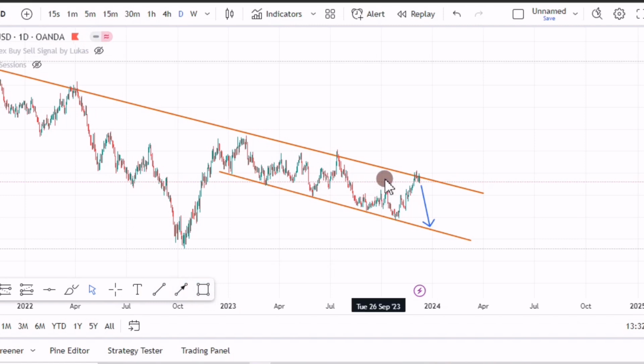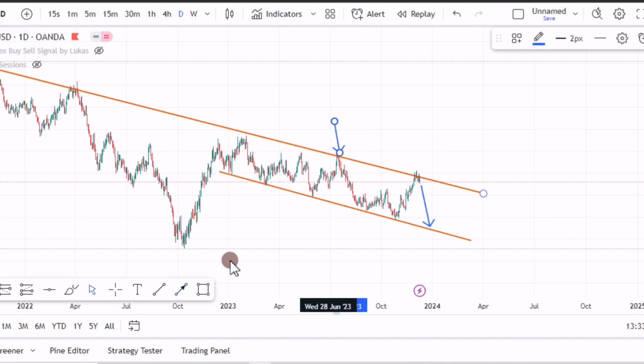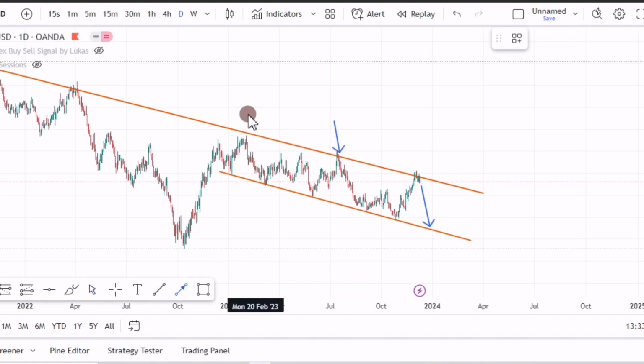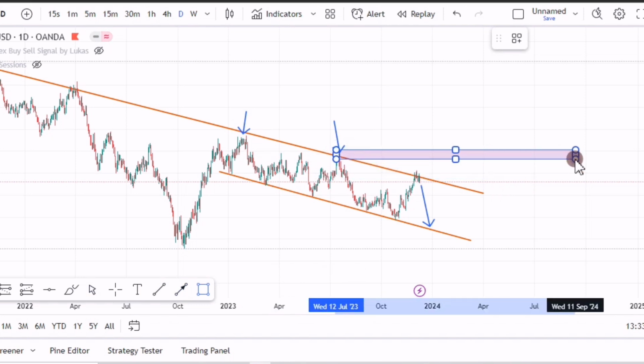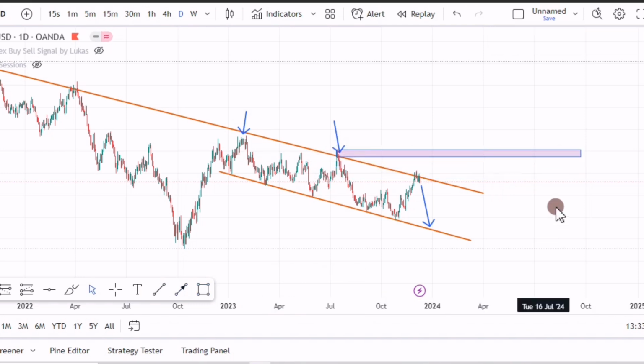You can only look to buy if price, remember what you do, you mark these areas that are touching the trend lines, like that. And this first one is very important. You can only buy if price will close above this.